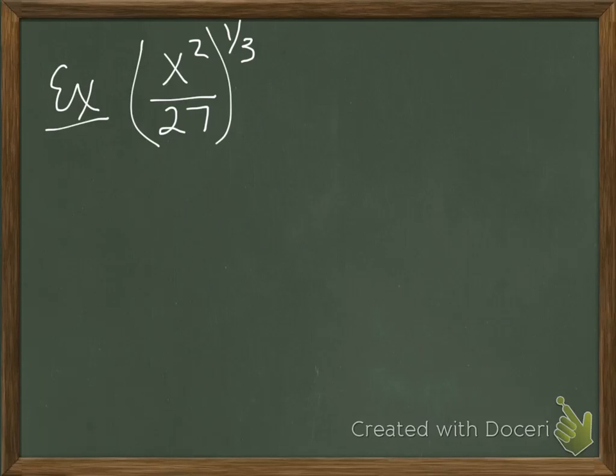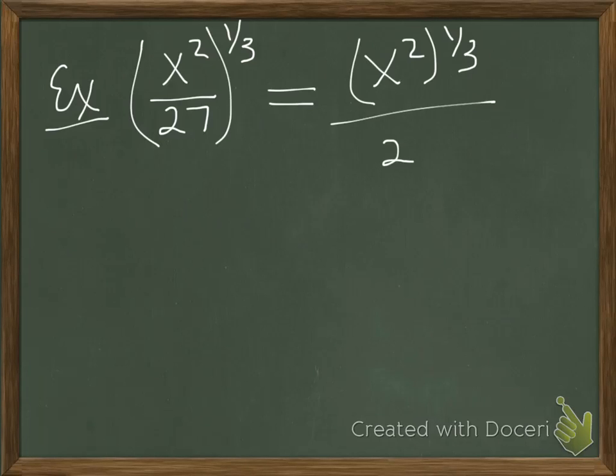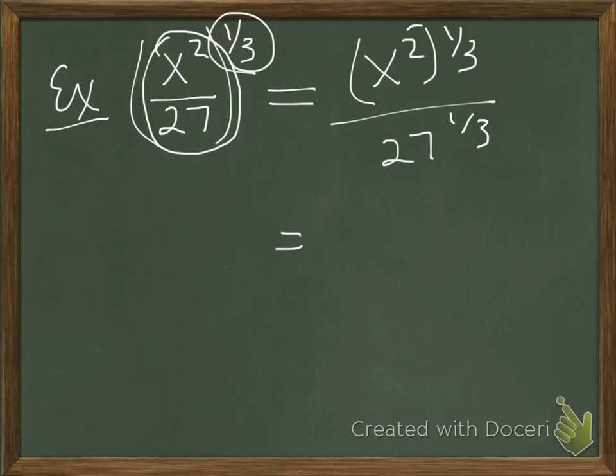All right, now some of these problems get a little bit more complicated, so let's look at this problem individually. I have x squared to the 1/3 power over 27 to the 1/3 power, because both of the insides of this parenthesis are to the 1/3 power. So in the numerator, I have x to the 2nd power times the 1/3 power.